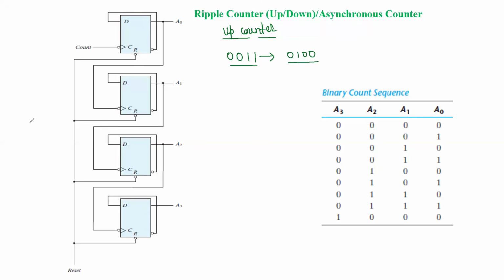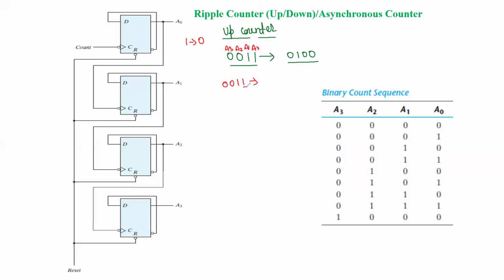We are going to see that with our concept. The concept is that whenever it changes from 1 to 0, only then can it complement the others. So here this is our A0, this is A1, this is A2, and this is A3. First we have 0 0 1 1.